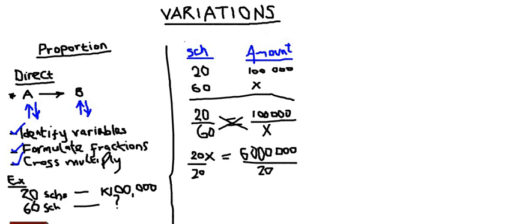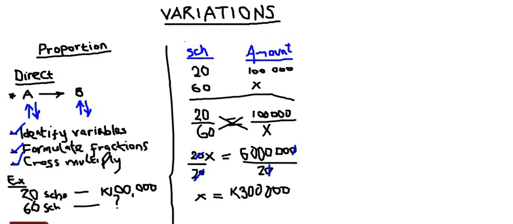That should give us 300,000, which means for 60 schools the amount which is expected would be 300,000 kwacha.